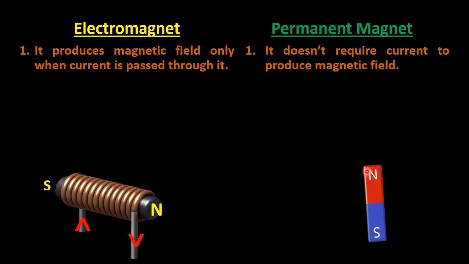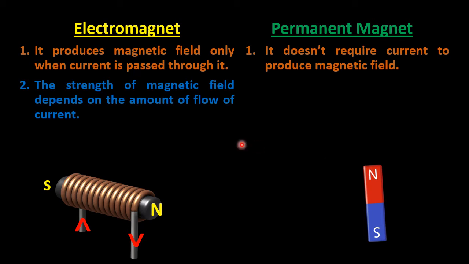The second point for the electromagnet is that the strength of the magnetic field depends on the amount of current flow. If a larger current flows through the solenoid, then the magnetic field produced by the solenoid will be large. And if the current flowing through the solenoid is small, the magnetic field produced will be small.